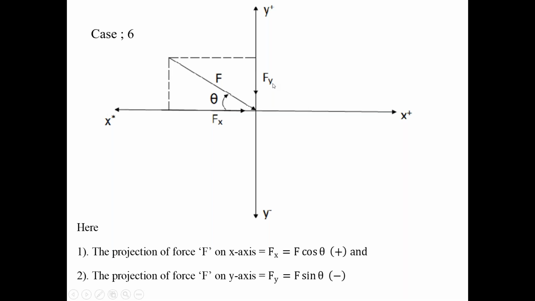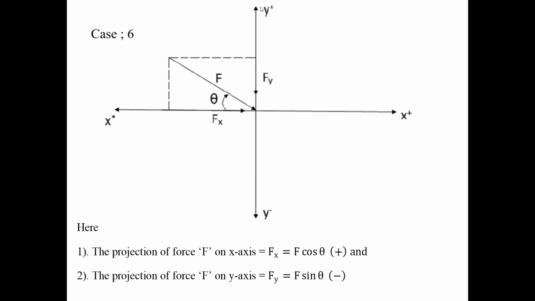Then coming to this y-axis projection Fy. Please check that y-axis projection direction. Normally here also the same confusion for the students. They feel that projection Fy is in the positive y-axis, so they consider this Fy as the positive projection. But what about the direction of Fy? Please everyone look at the direction of Fy.